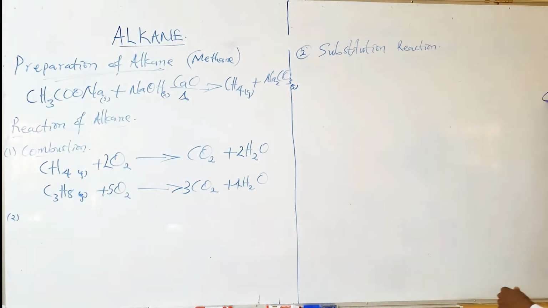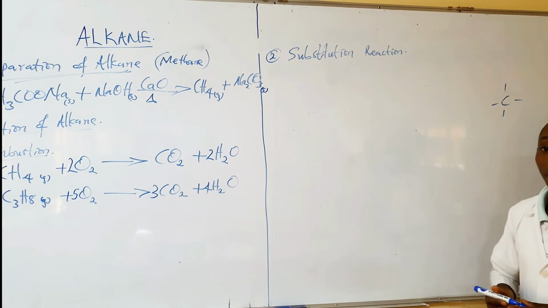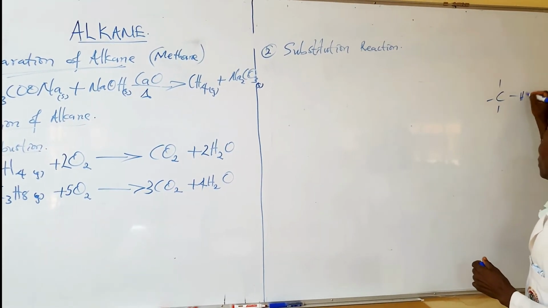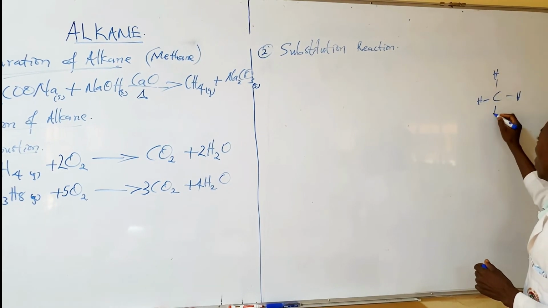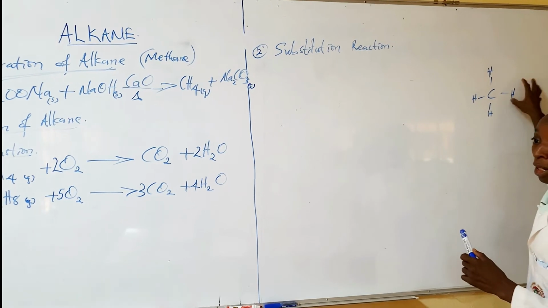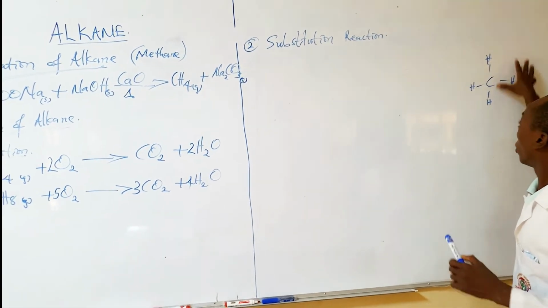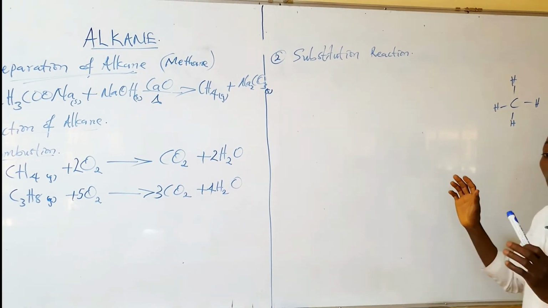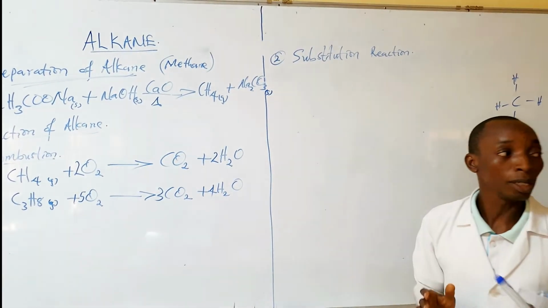When you have carbon like this, for example, with its tetravalent electrons, these hydrogen atoms displayed by this central atom will be replaced by another atom, and this we call substitution reaction. Substitution reaction will take place under certain conditions.